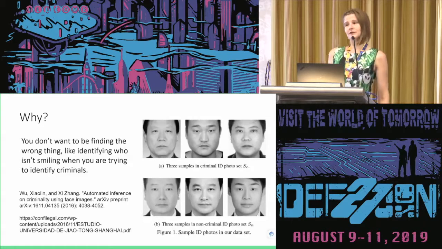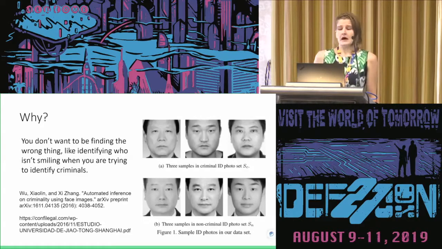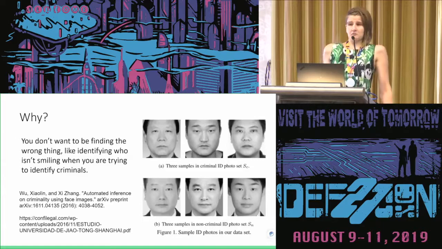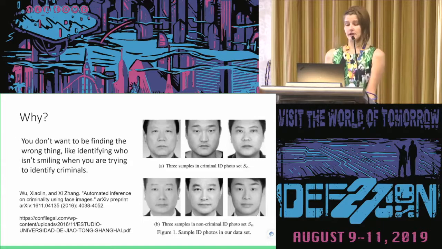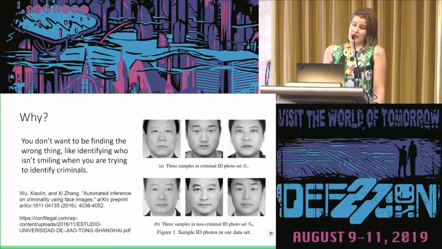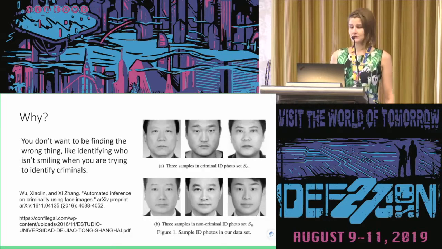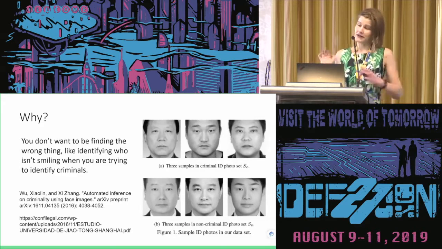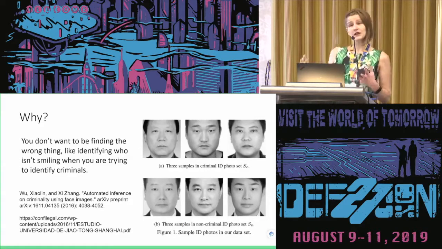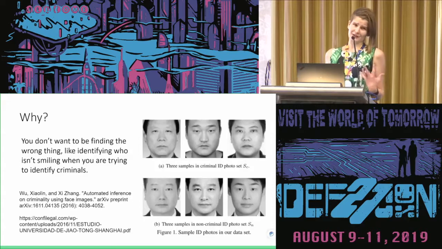So some examples of why you want to do exploratory analysis, or even just think about what you're doing with your data. This article, as an example, they were trying to identify criminals based on facial recognition, not a specific criminal, just criminals in general. That doesn't really sound like a great idea if you think about it.